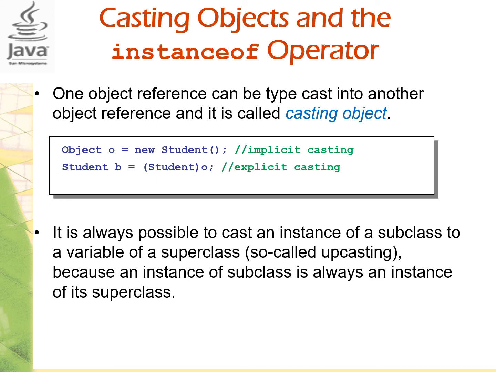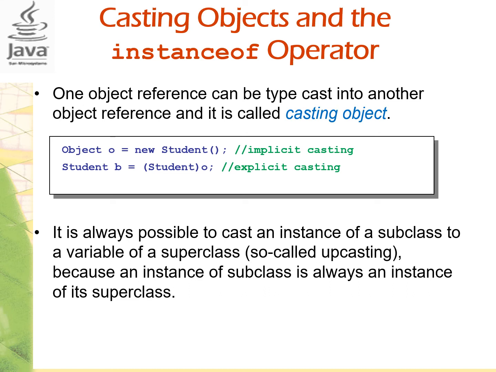Let's say you declare a variable of type subclass here, and the name of the variable is B, and then O is actually of type superclass. So if you want this to happen without any error, you need to cast it. You put casting in front.